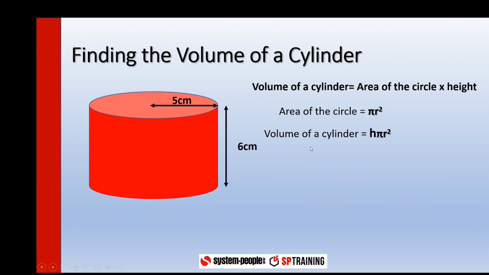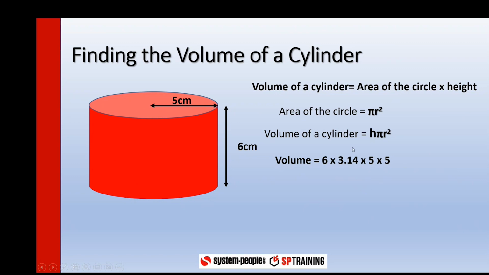So the volume of the cylinder will just be the area of the circle times the height. So we come up with this formula, h pi r squared, where h is the height, in this case 6, pi is 3.14, and r is 5.